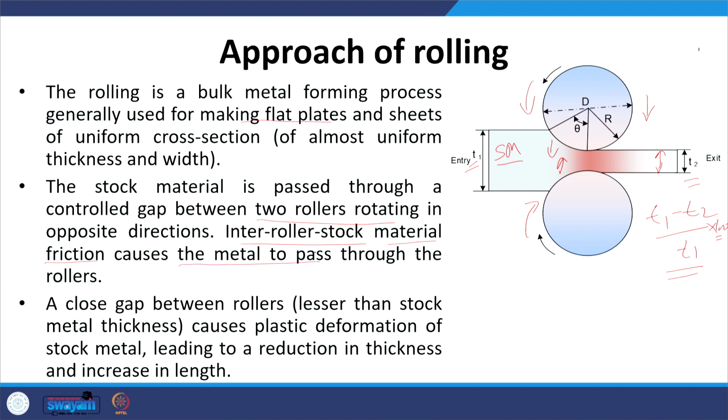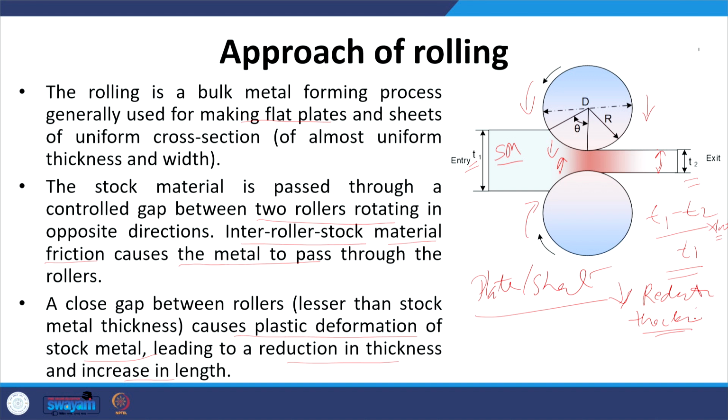A close gap between the rollers causes plastic deformation of the stock material, which in turn causes the reduction in thickness and increase in length. The main objective of rolling is to produce plates and sheets by reducing the thickness, so the reduction in thickness is realized through rolling.